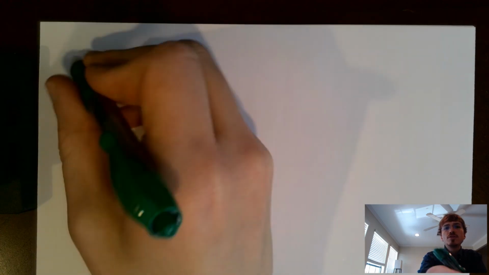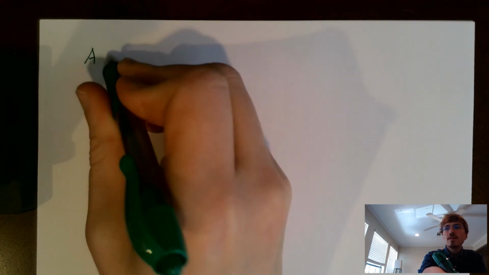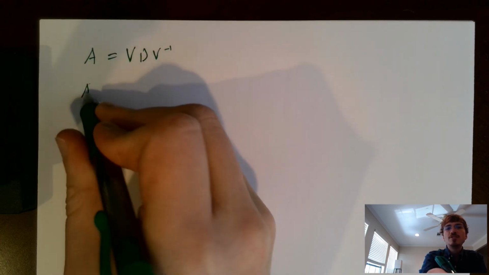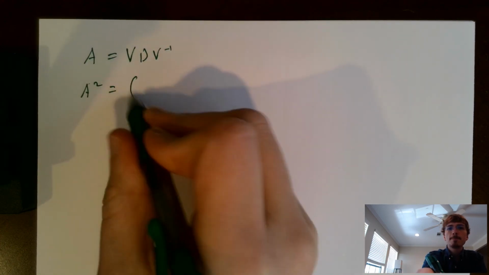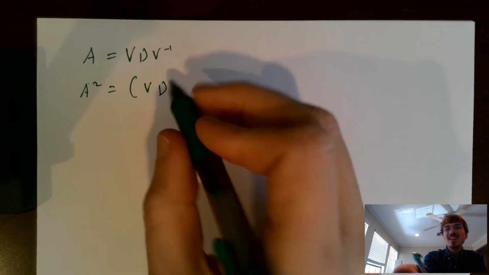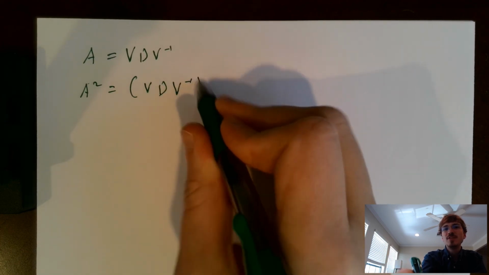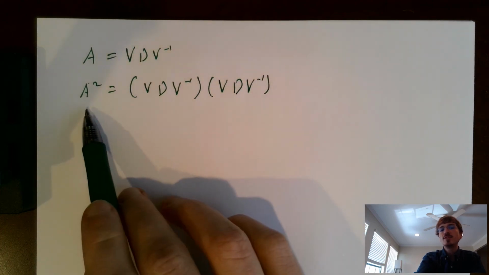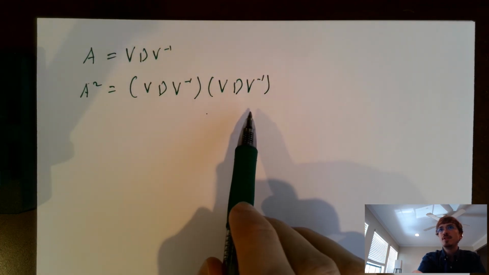Let's talk about something else. Suppose again we have that A is V D V inverse. How would you compute A squared? It's just A times A, right? So that's A times V D V inverse times V D V inverse.